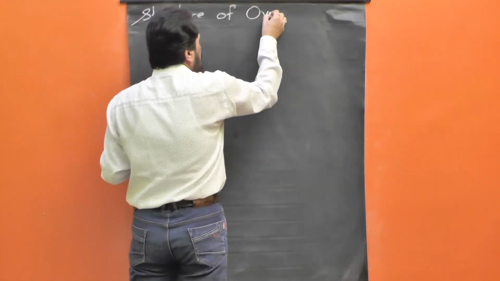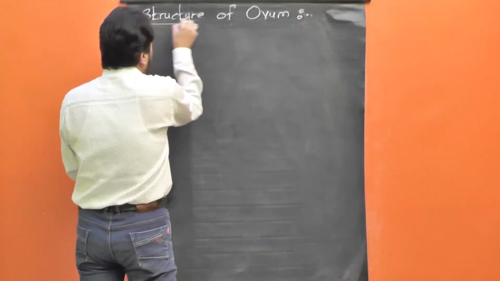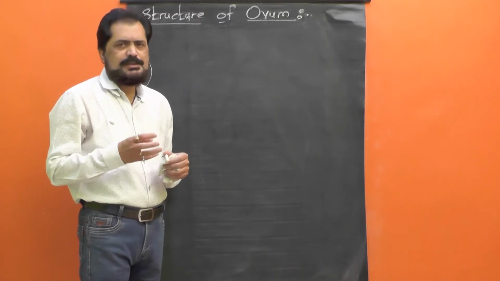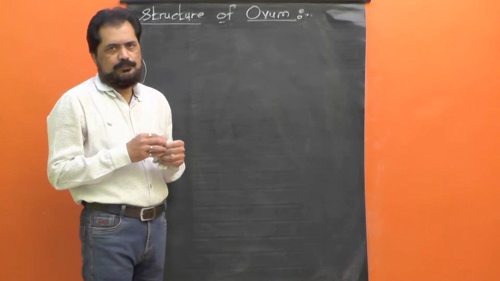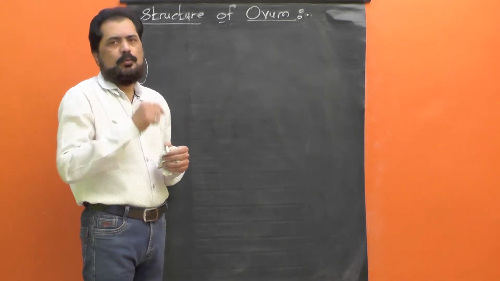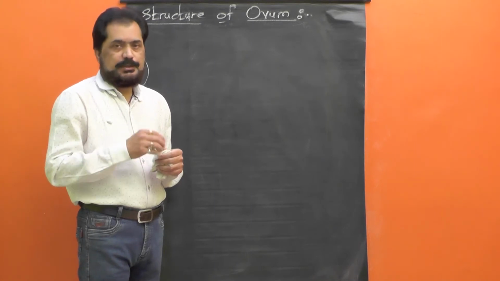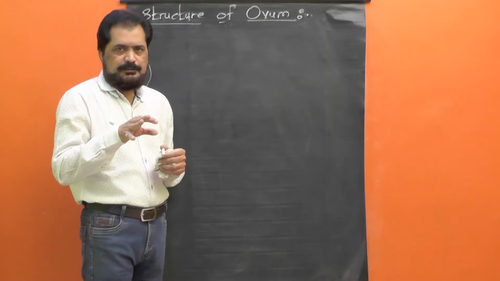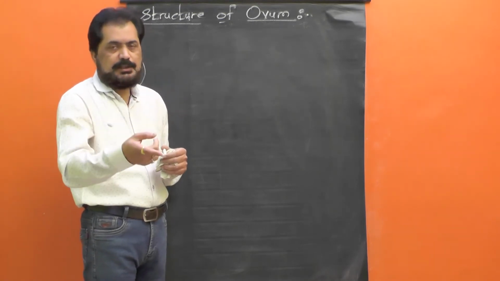That is egg cell or female gamete. And now let us see how is the structure of ovum. Actually, I told you it is not true ovum, isn't it? Whatever we are going to study, that is secondary oocyte, because yet the secondary oocyte has not been converted into ovum.